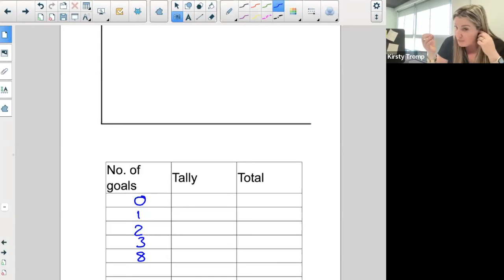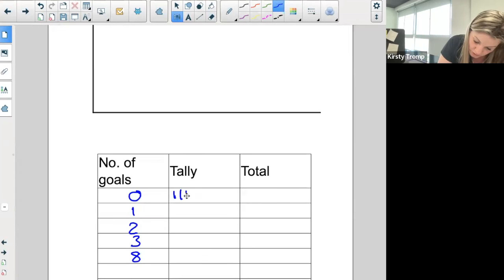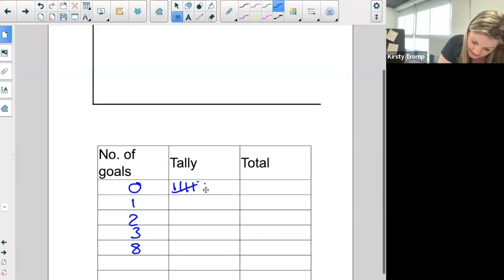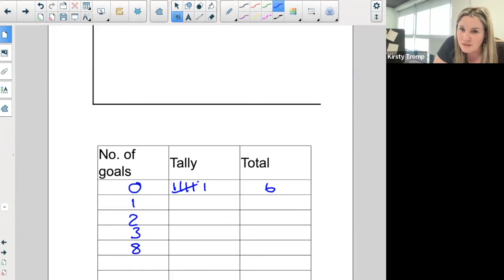If I'm looking at my tally, I had 6 games with 0 goals. I'm just going to count quickly. I had 13 games with the goal of 1.